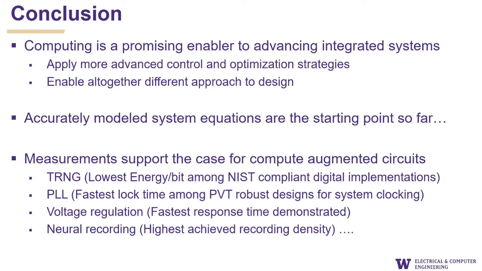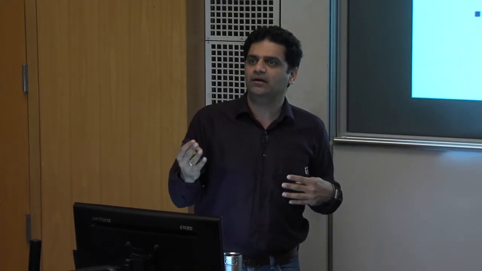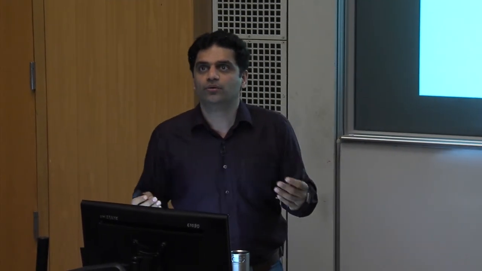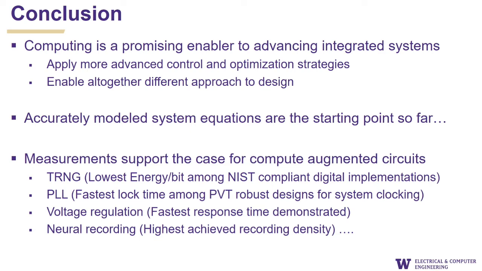And we've also found, our learning has been that actually modeling the system accurately and leveraging computation to track that model has been a really good enabler to achieving advances in these systems. So our measurements support the case for compute-augmented circuits, and we've done that across the space from random number generators, PLLs, voltage regulators, down to neural recording.